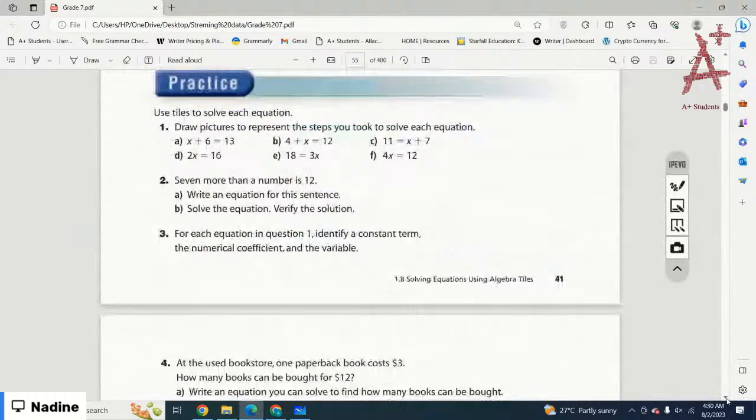Okay, draw pictures to represent each step you took to solve each equation. Now you have to solve these equations, right?